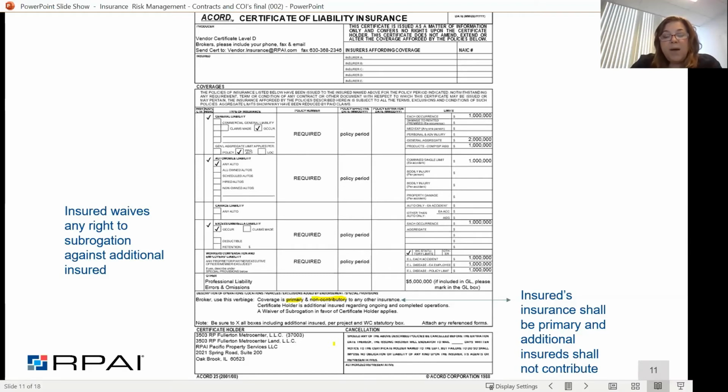Their policy responds first to both defense and to settlement. And then the waiver of subrogation says that after the fact, the insurance company can't come back and try to subrogate against the additional insured for contribution.